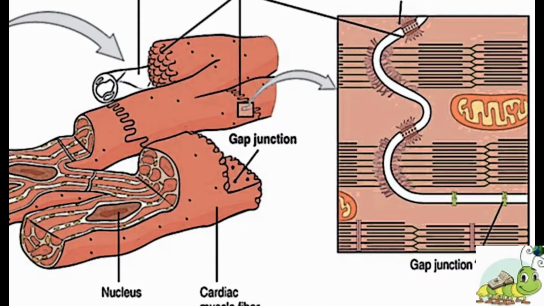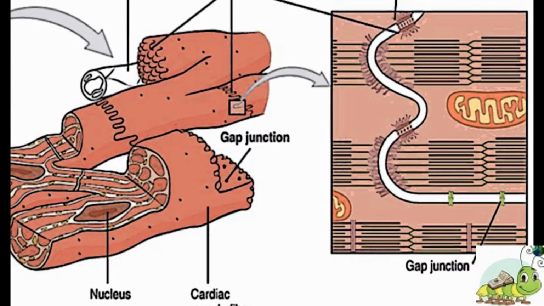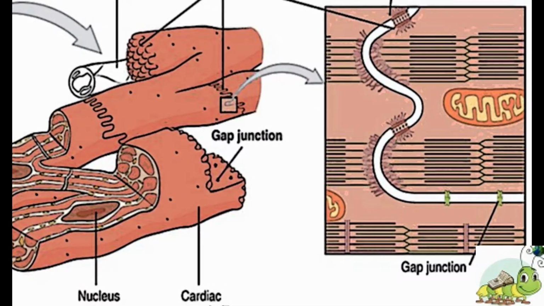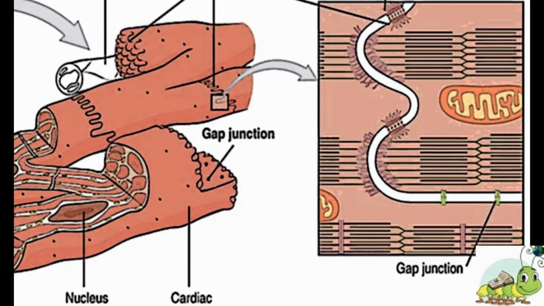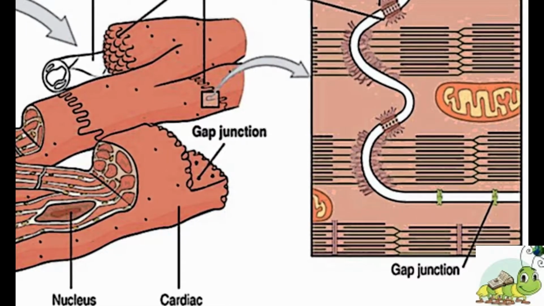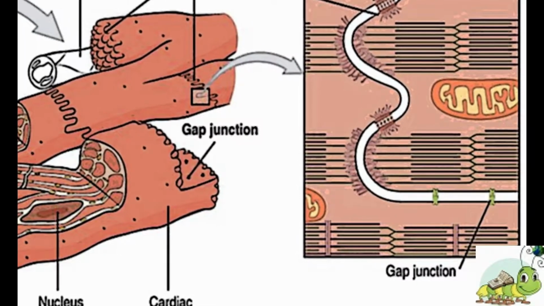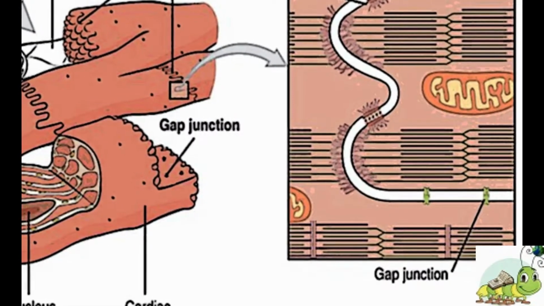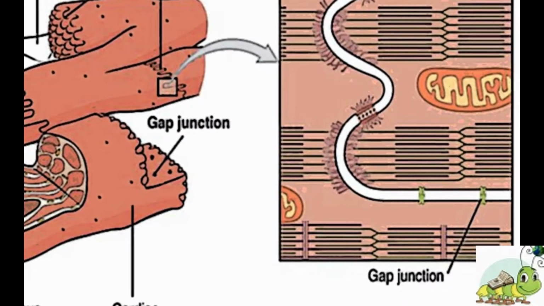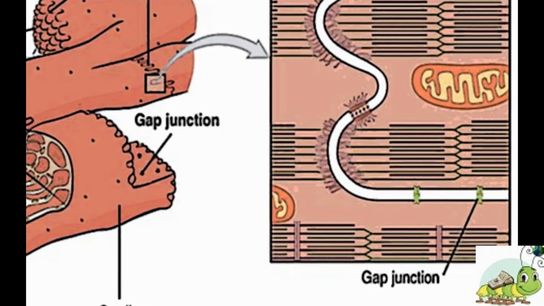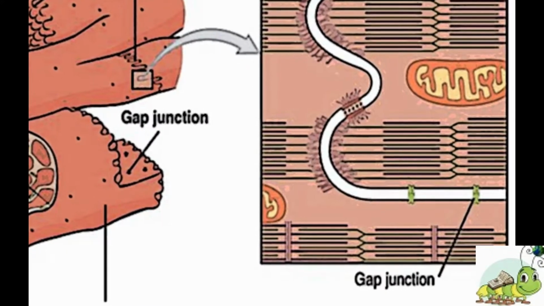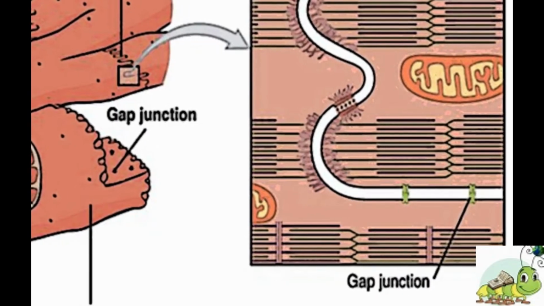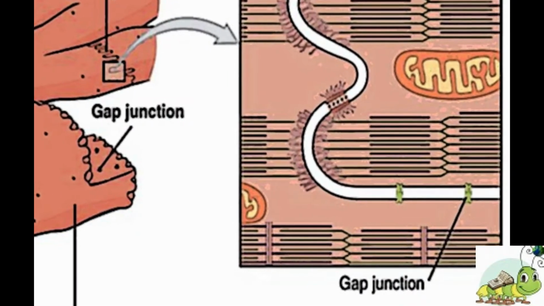The gap junctions are present where the adjacent fibers come in close contact, side to side. Gap junctions are also present in the intercalated discs. These gap junctions are formed of proteins called connexons, which provide low impedance electrical paths from one cell to another.